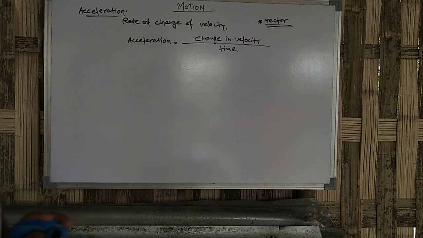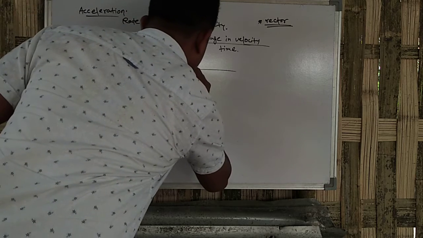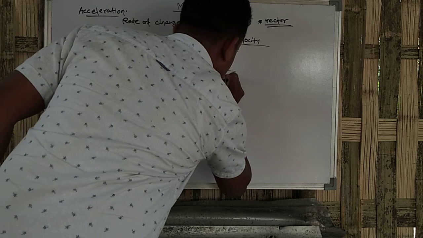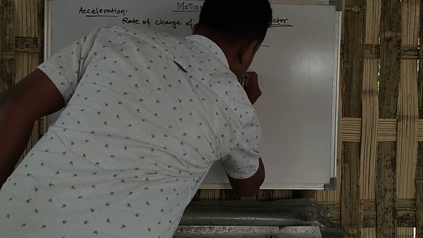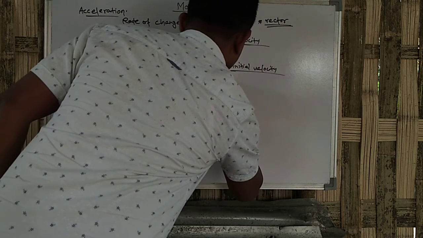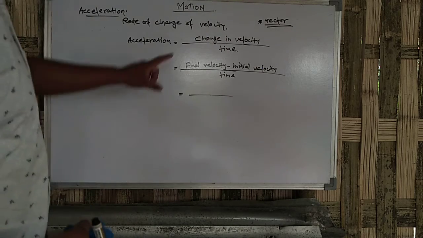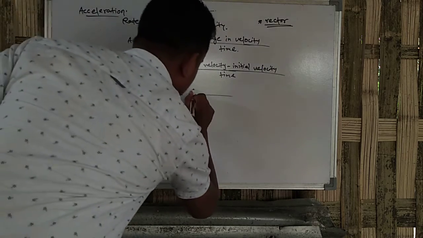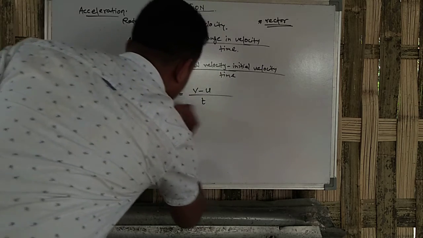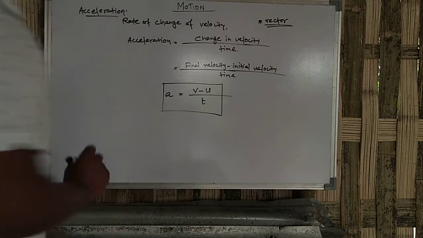Now change in velocity means final velocity minus initial velocity. So if final velocity is denoted by v and initial velocity is denoted by u and time is denoted by t, acceleration is denoted by a, then we can say that a equals v minus u by t.